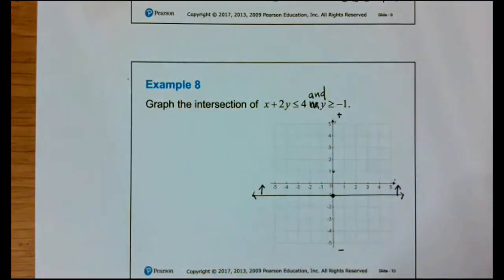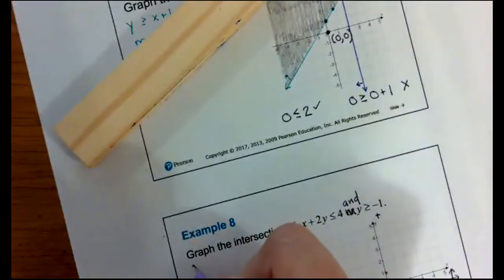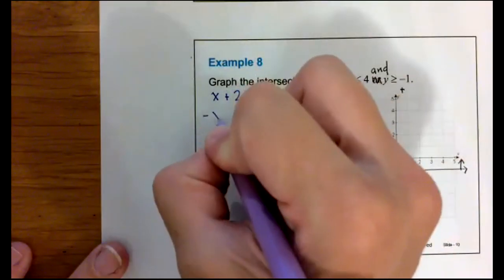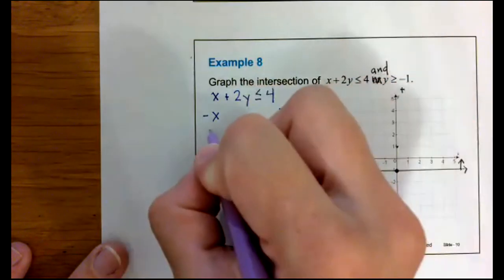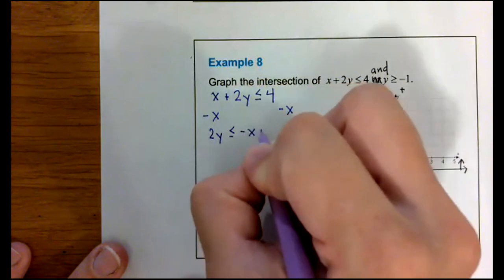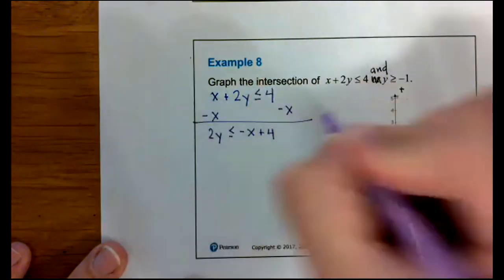And then our other line was, we have to solve x plus 2y less than or equal to 4. Subtract x, 2y less than or equal to -x plus 4.